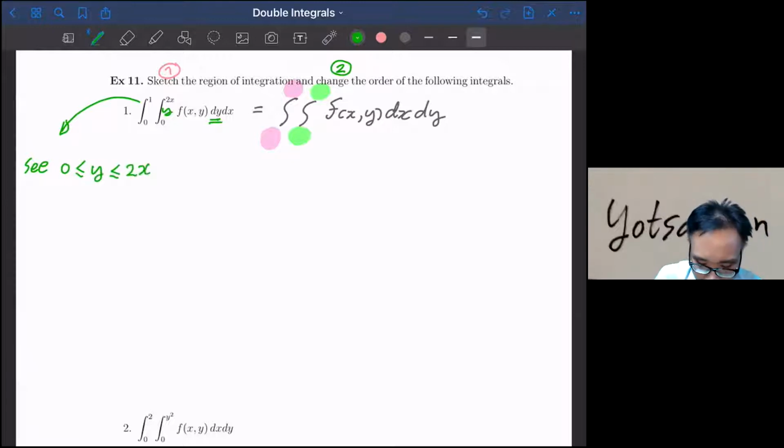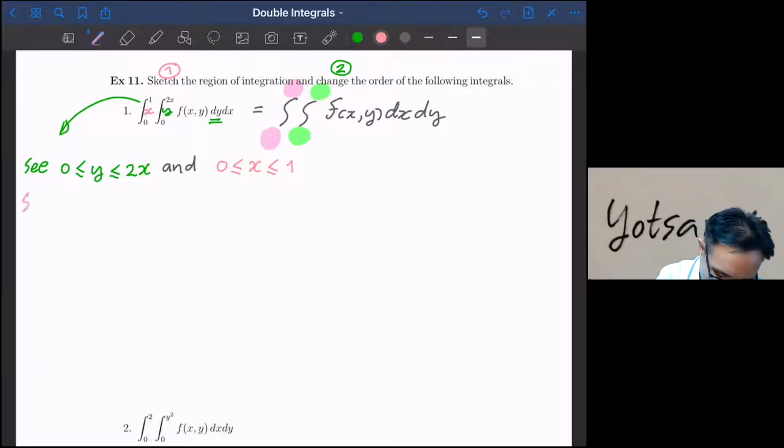And x covers from 0 to 1. So this is what you see, and you sketch the region based on what you see.